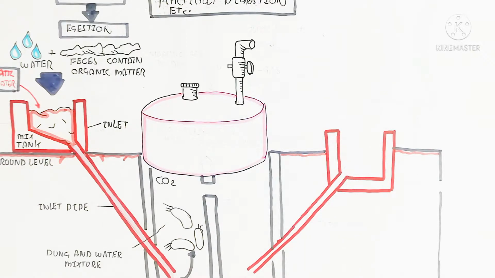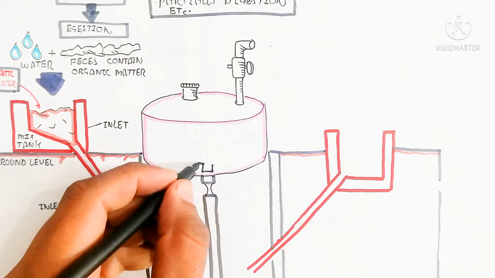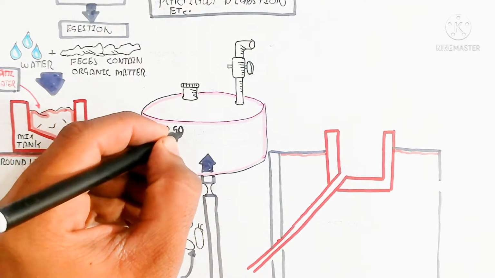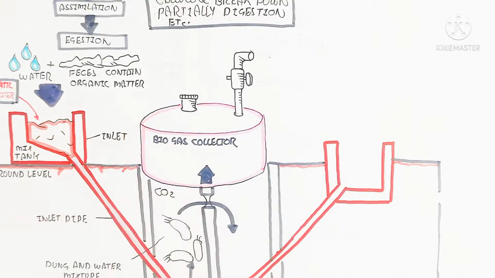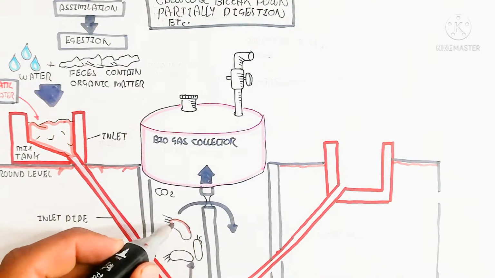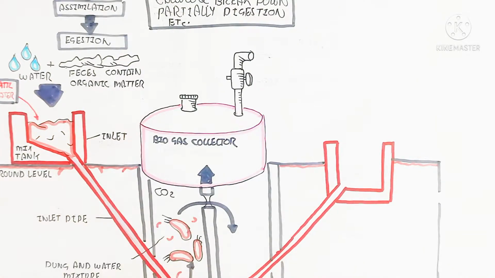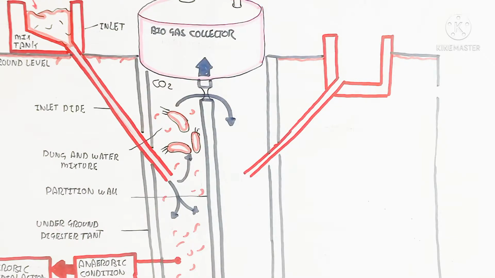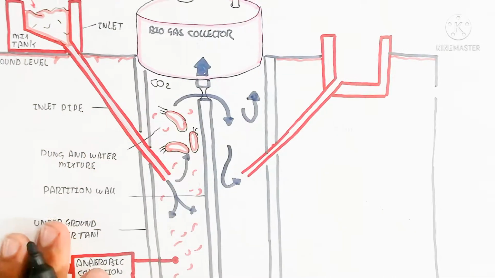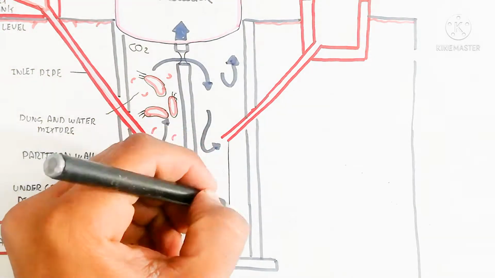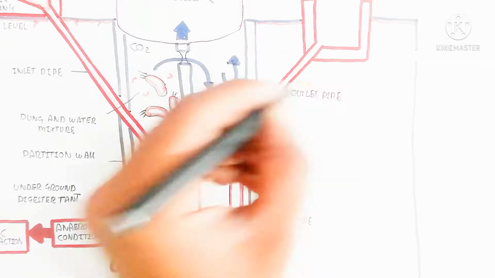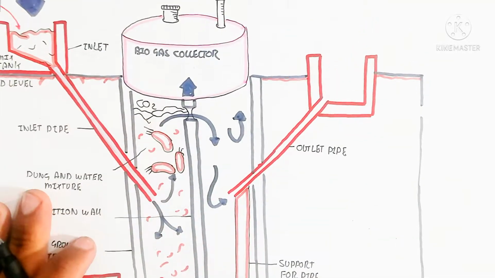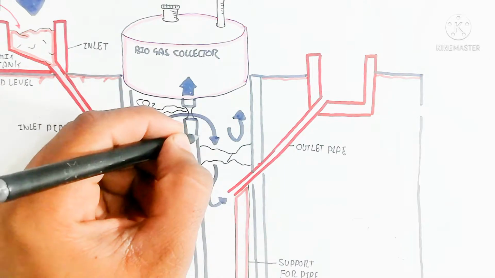After the pressure increases, the biogas collector is placed in this way, with the gas wall, and the biogas collector is here. One hole is created in the partition wall. As the pressure increases, the dung moves through the partition wall toward the outlet pipe.